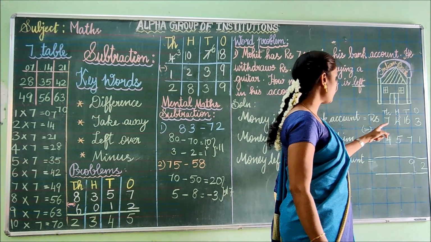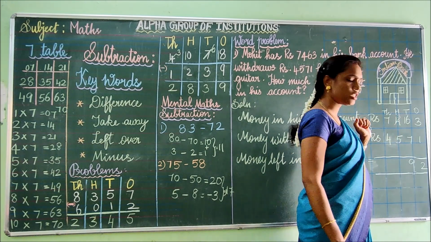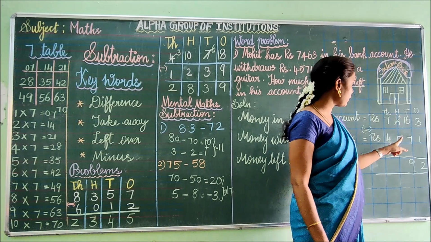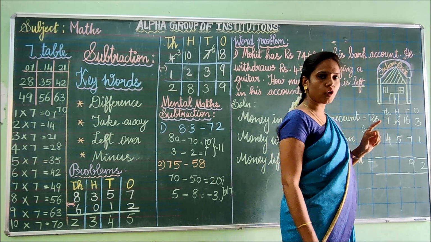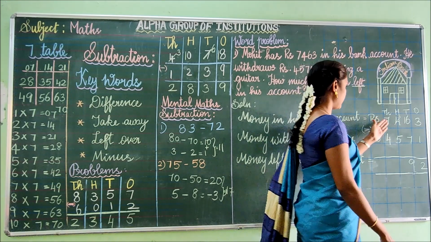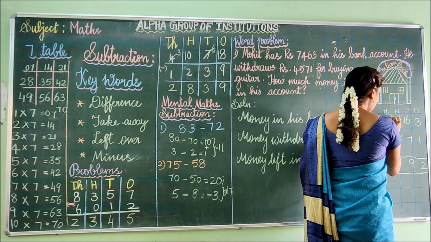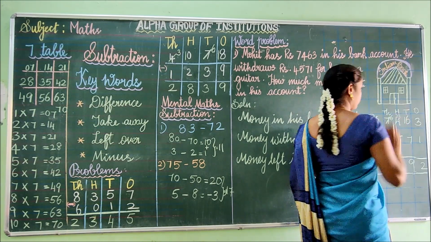Next, move on to the hundreds place. Here we have 3 minus 5. Is it possible to subtract directly? No, 3 is a small number compared to 5. What you have to do is borrow one from the thousands place. Here we have 7, so this 7 becomes 6 and this 3 becomes 13.